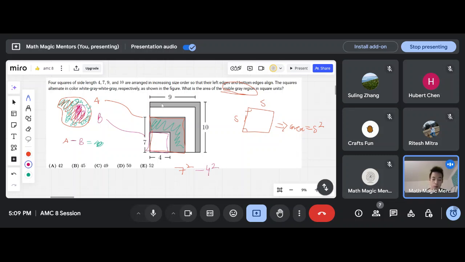And then we can use similar reasoning for the outer gray area right over here.